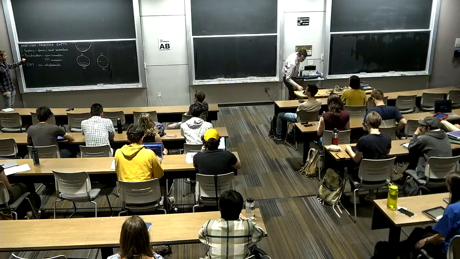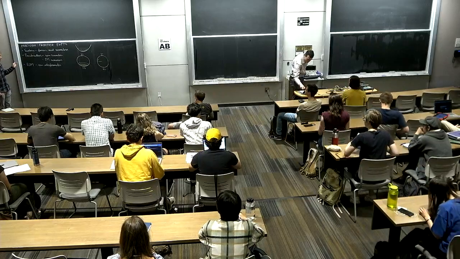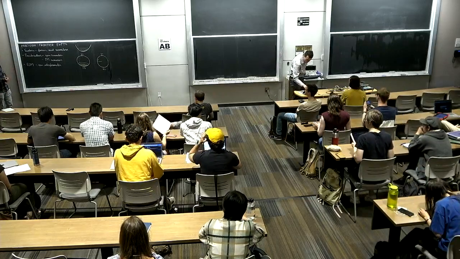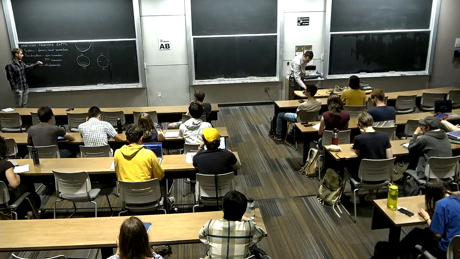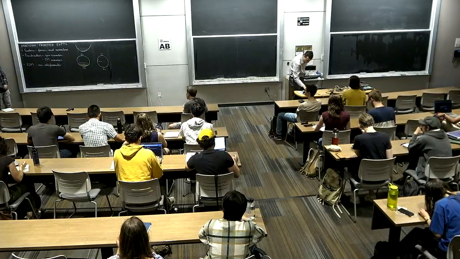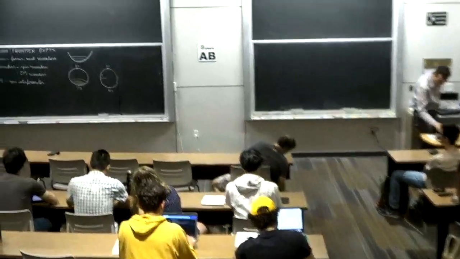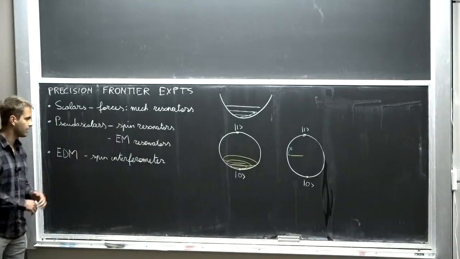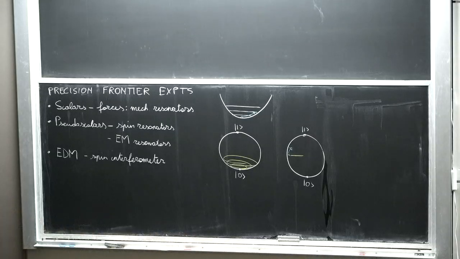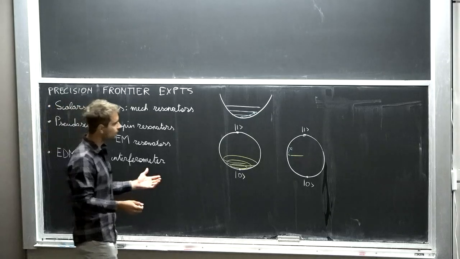We'll talk about axion-like particles, targeting the QCD axion in particular, using spin resonators and electromagnetic resonators. And then I'll say some words about electric dipole moments in the end, which you can think of as spin interferometers.